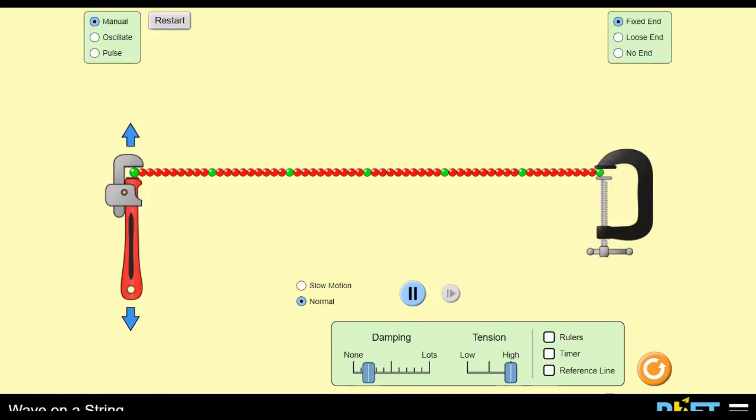Okay, everyone, now I have opened a simulation from PhET. Here, I would like to show you how stationary or standing waves are produced. Before I demonstrate, I have to set this simulation. First, I choose this one, pulse.